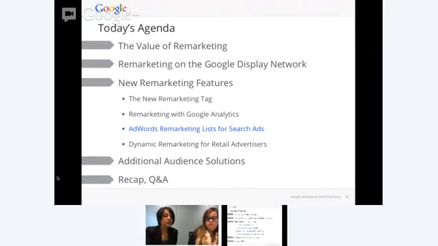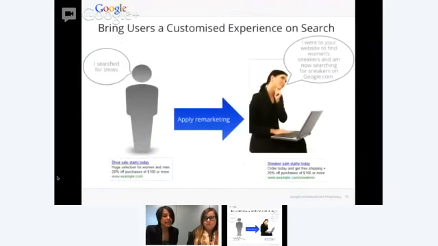The next one is remarketing lists for search ads. Again, very, very powerful, and we at Google especially are very, very excited about this product. What this product actually helps in is bringing users a customized experience in search. Now, if you look at the slide in front of you, and see Linda loves shoes, so she is searching for shoes on google.com.